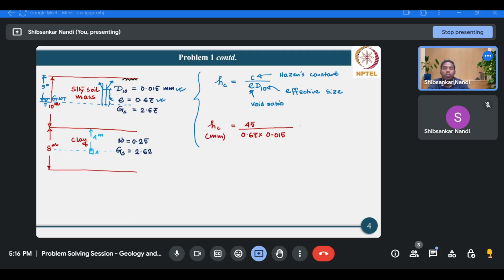So if we calculate, it would be 45 divided by 0.67 times 0.015, that means 4477 millimeter. So in terms of meter, approximately this value is 4.5 meter.